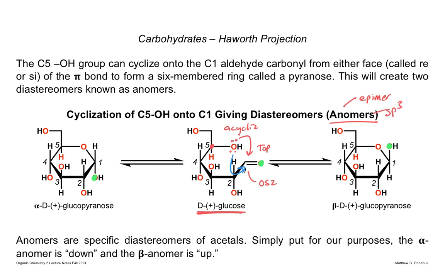That carbon number 1 now, it's still at oxidation state 2, but now it's sp3 hybridized. So the beta anomer has the OH group up. So OH group is up on carbon 1. The alpha anomer, OH group is down.